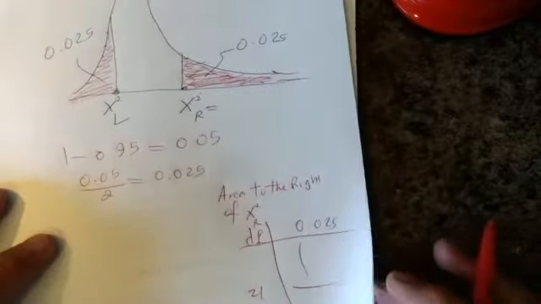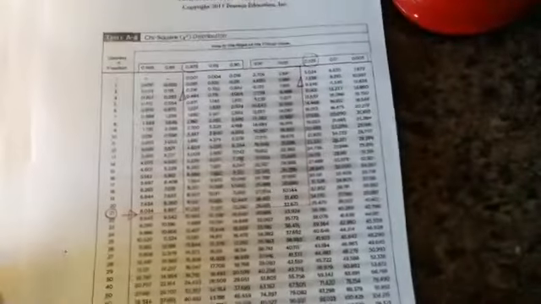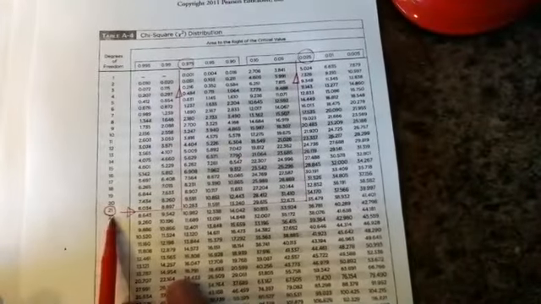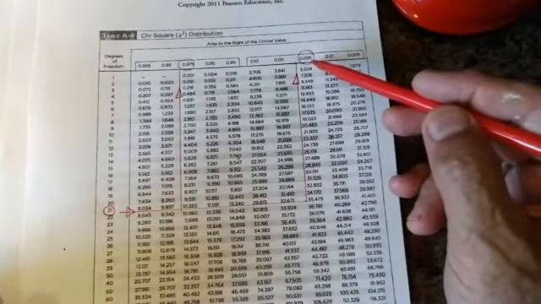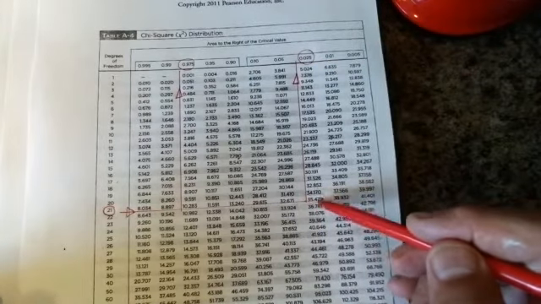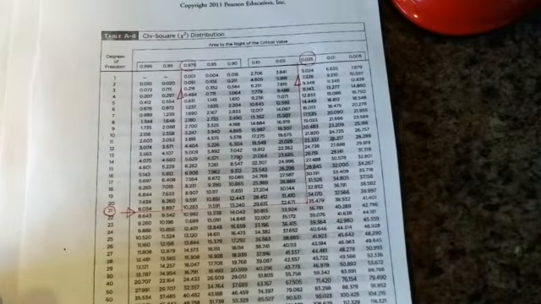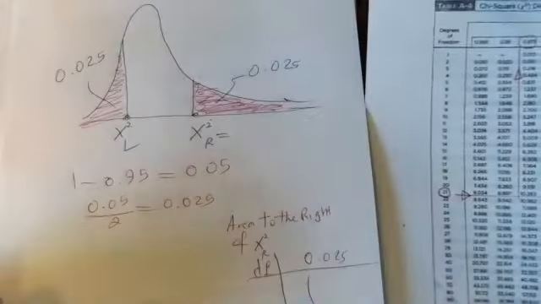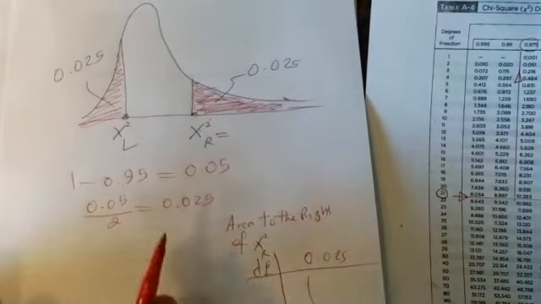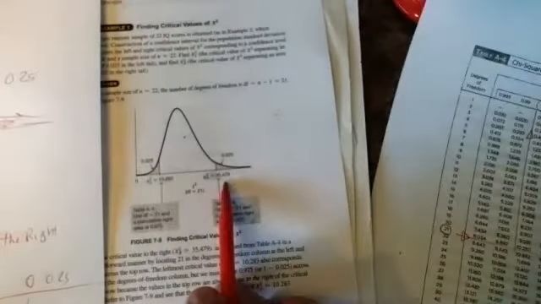So that's how you calculate it. See? 21 and area to the right is 0.025. That gives you this number, 35.479. So that's X2R, 35.479.